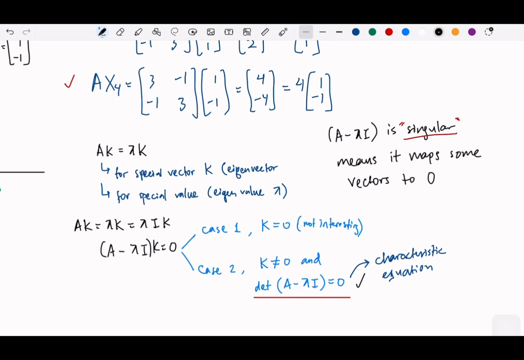So at least we are going to have a quadratic equation, or more. Okay? So we are going to expect a polynomial equation with roots, and the roots will be the eigenvalues.